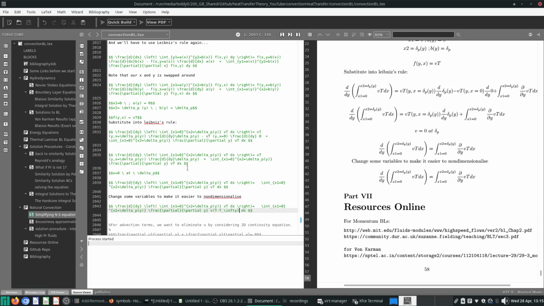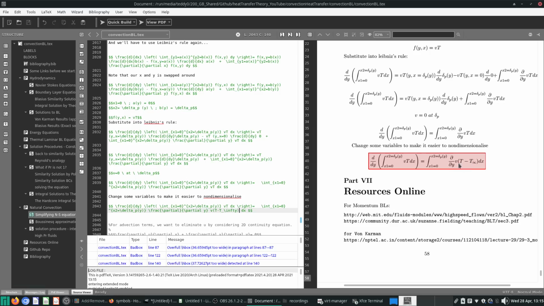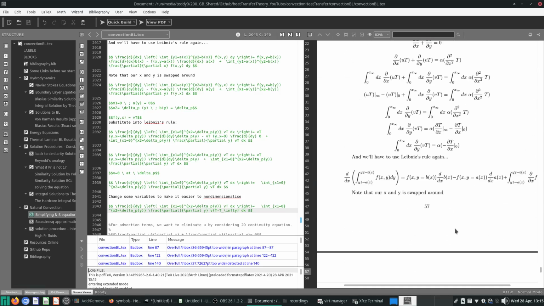So I want this side to be t minus t infinity rather than just t. We can do that because dt and d(t minus t infinity) are basically the same. So we can just pop in an extra term here without worrying.